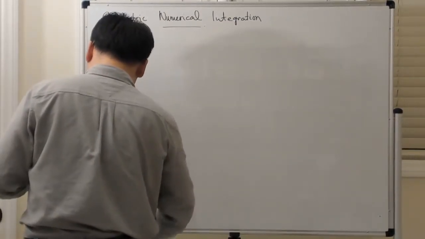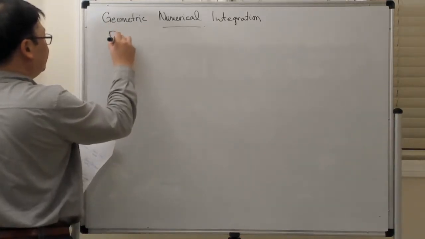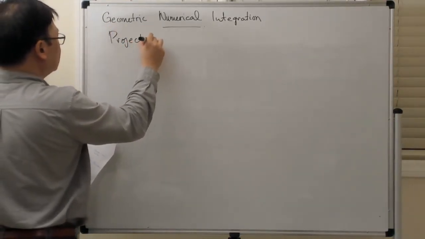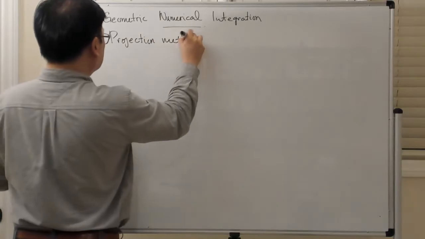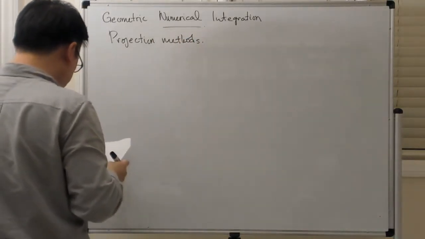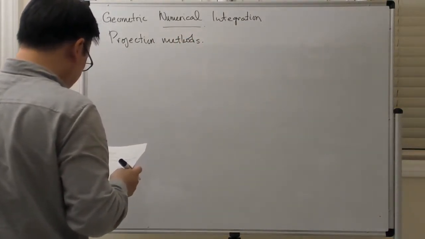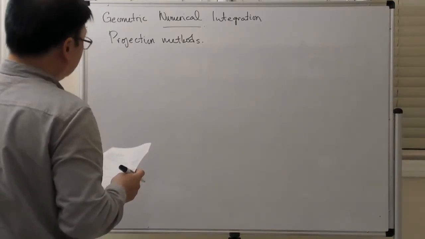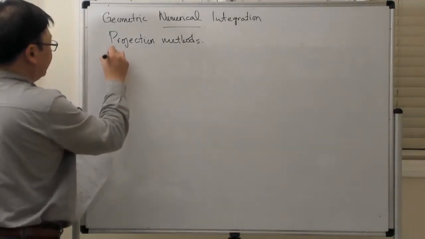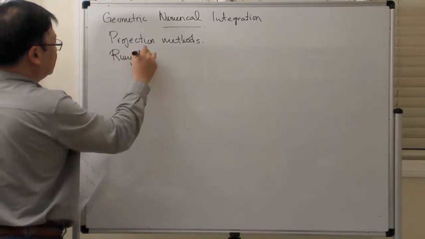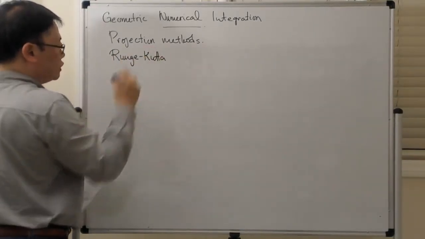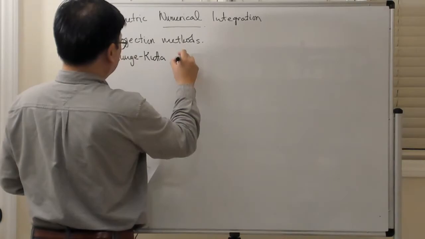So we looked at projection type methods, and the fact that Runge-Kutta methods always preserve linear invariants, right?